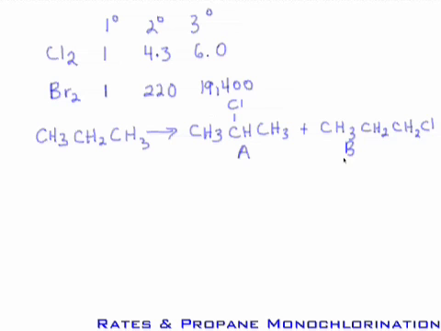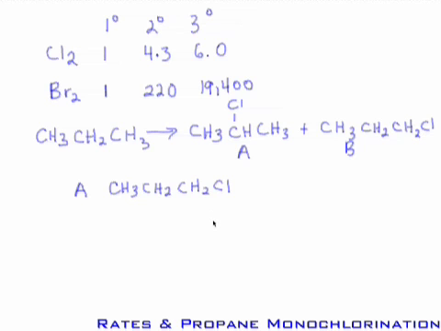Now, structure A can be formed, if I look at structure A and draw it here, if the chlorine radical abstracts a hydrogen from a primary position.